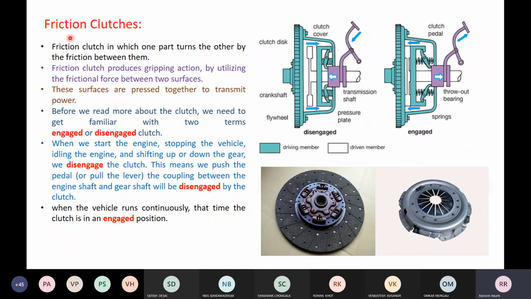That's why it is called a friction clutch. In friction clutches, it produces a gripping action by utilizing the friction force between the two surfaces. These surfaces are pressed together to transmit the power from the driving shaft to the driven shaft.